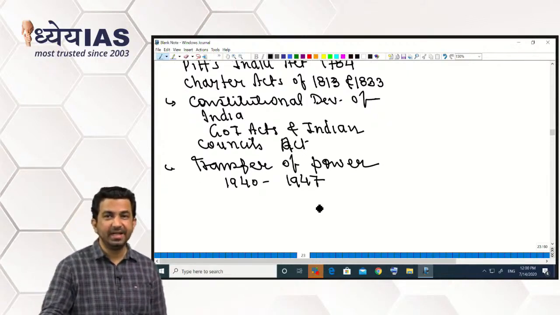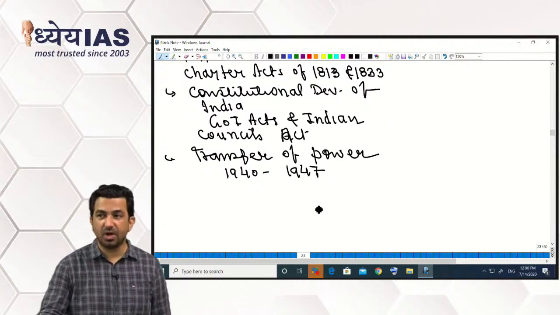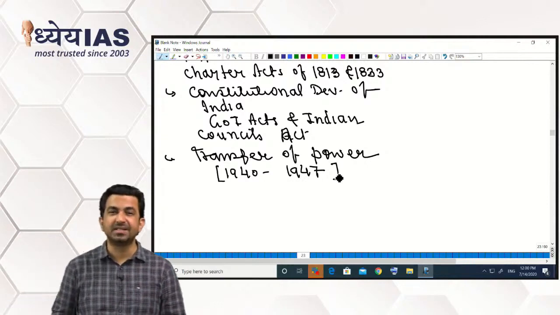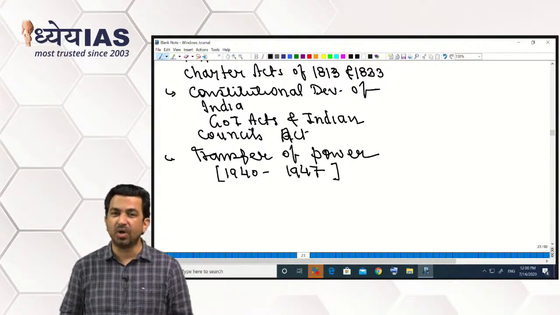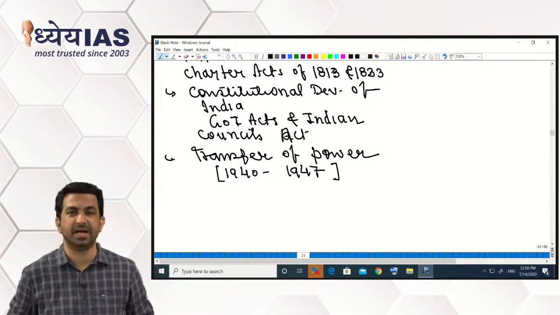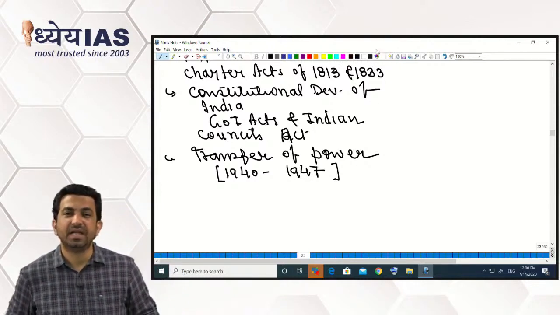When the Britishers came to realize that it would not be possible for them to continue their rule here in India, and also that the Indians were determined to achieve their independence.